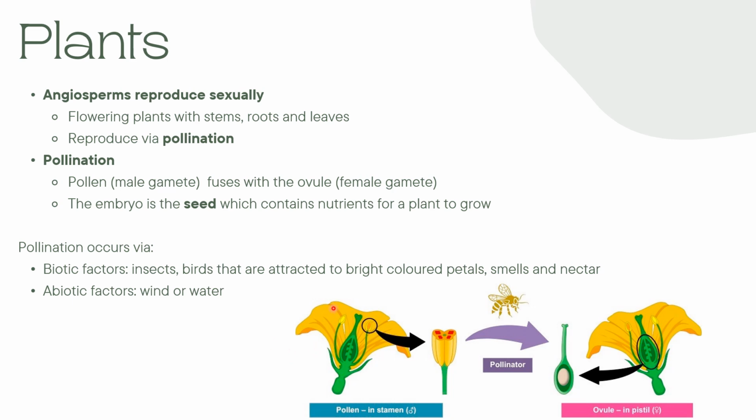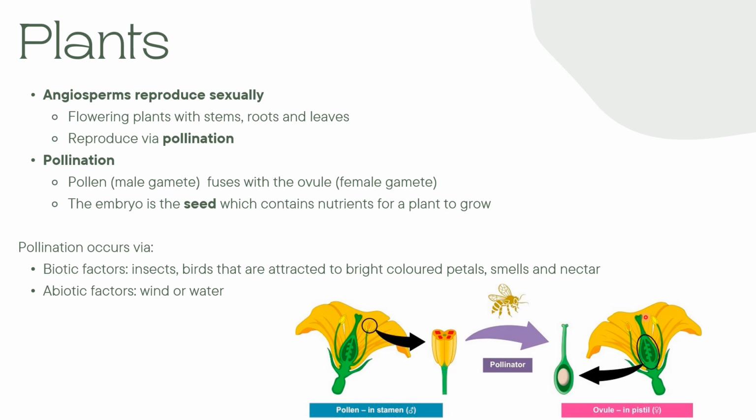Now this process of taking pollen, so the male gamete, to another plant to fertilize the ovule requires external factors such as birds, insects that are attracted to these brightly colored petals. They will maybe take some nectar, travel from one plant, go to another plant.